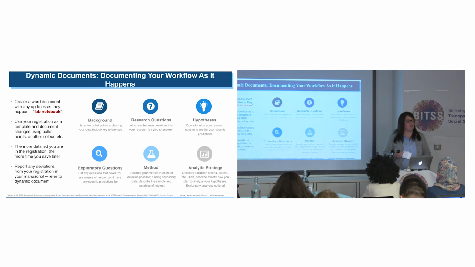Maybe I'll list some potential exploratory analyses, if I have them top of mind. Depending on how ambitious I am, I'll write a full method section, or sometimes I'll just put a paragraph of what I did. And then your analytic strategy. As you can see, most of these are already built into the registration. I just fluff it up a little bit more to make things easier.